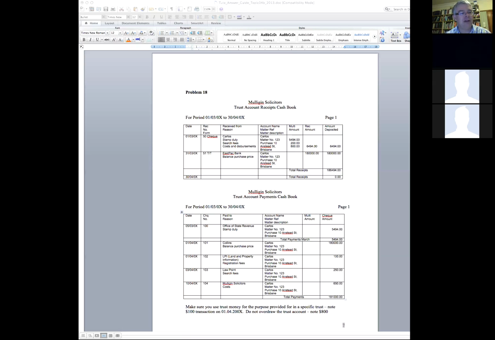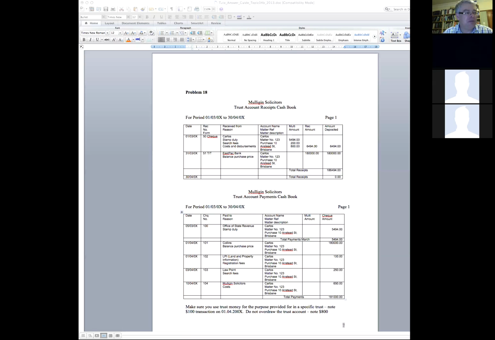So if you issued a trust account check for $7,000, you would be committing a breach of trust. That's why you need to know the amounts that relate to specific purposes, so that you don't make an error and overpay, taking money out of the trust account you shouldn't have.